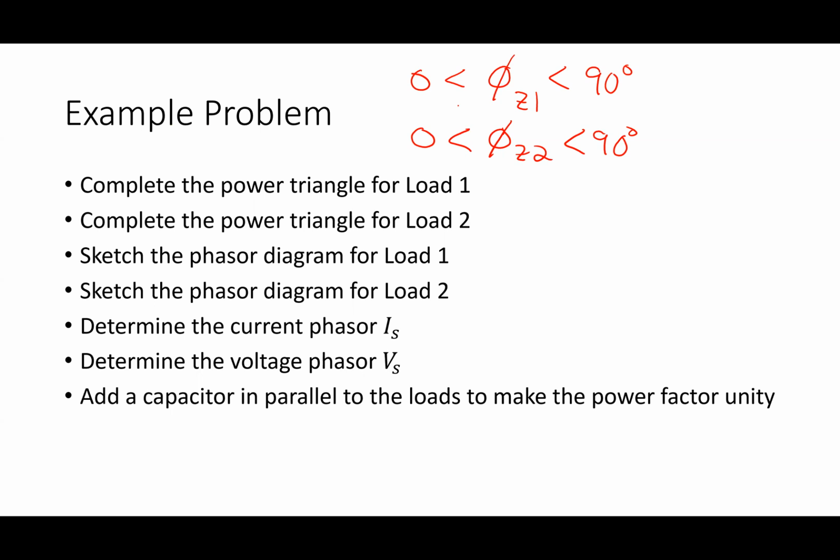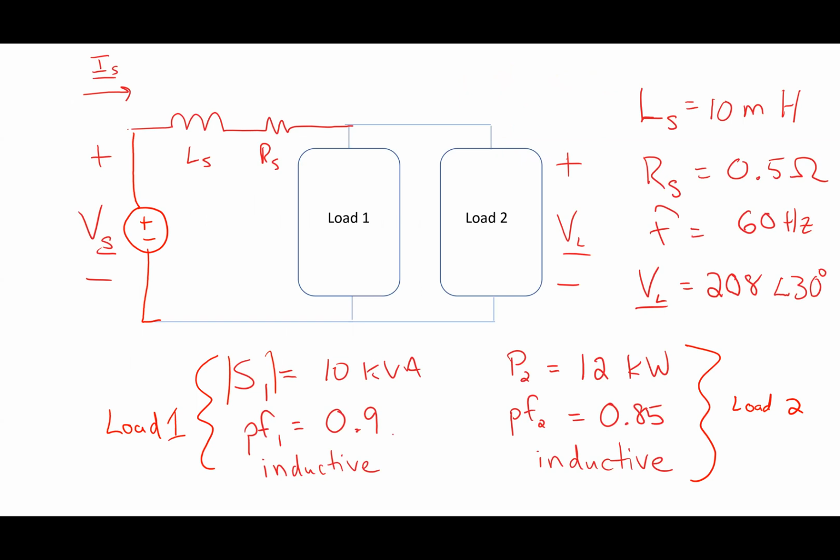This could also be said as a lagging power factor, and this could be too. Why do we use the term lagging if it's inductive? The current lags the voltage.